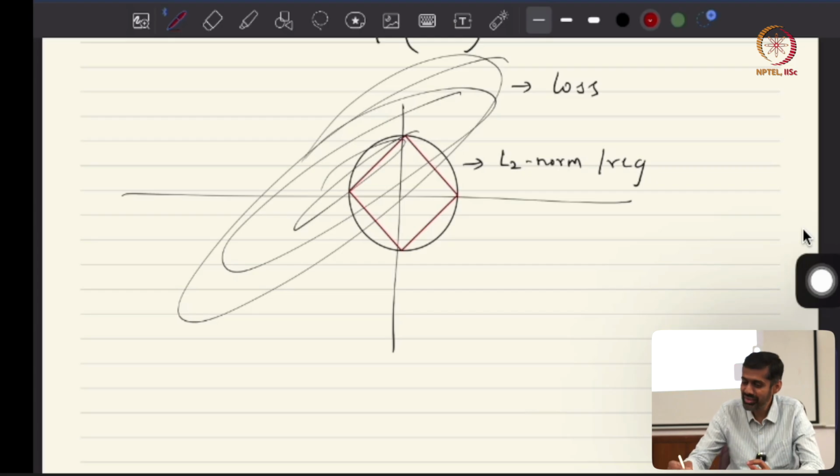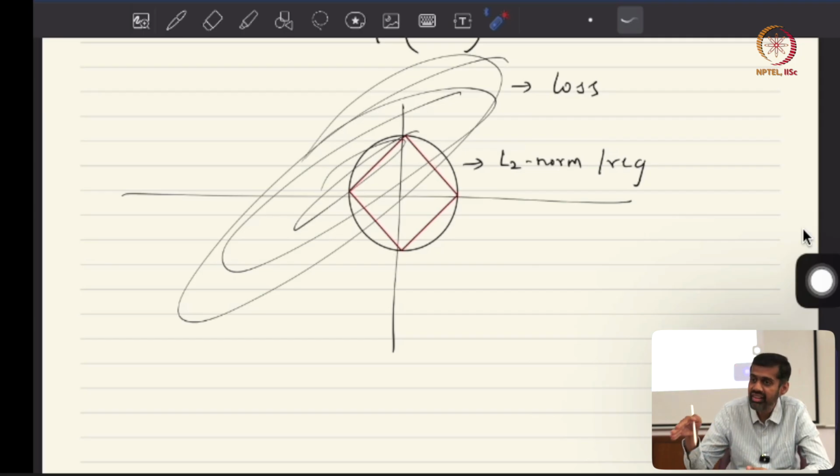So now one geometric way to look at it is that if you have an objective function and a rhombus, what are the points at which they both intersect? The chances of those two figures intersecting is highest along the coordinate axis. And coordinate axes, by construction, are the points in which one of the values is 0. That's why it induces sparsity.